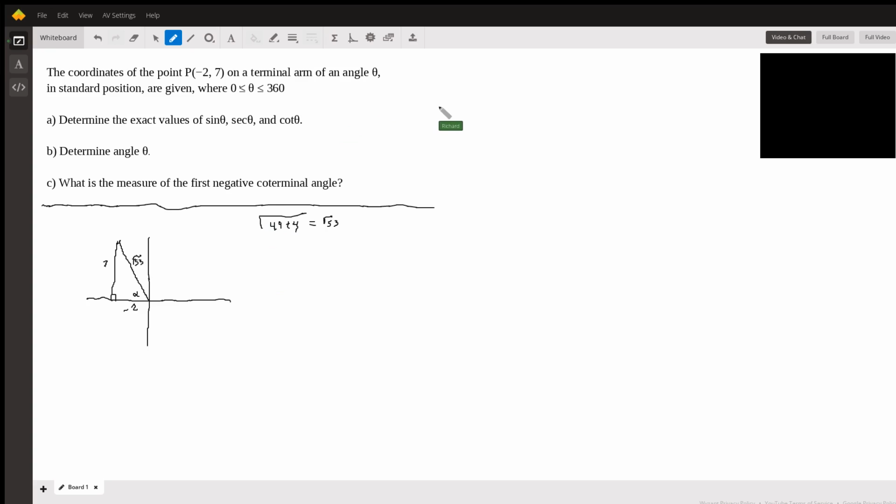So the sine of theta, by the way, theta is just the angle of interest here. Okay, so let's continue with this.